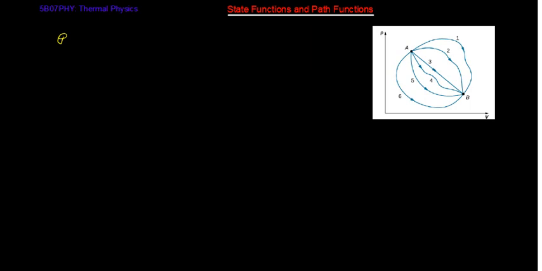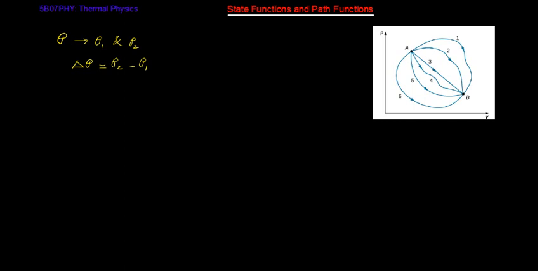Suppose the initial pressure of a system is P1 and the final pressure of a system is P2. Then you will be able to write the change in pressure, delta P, is simply equal to P2 minus P1.